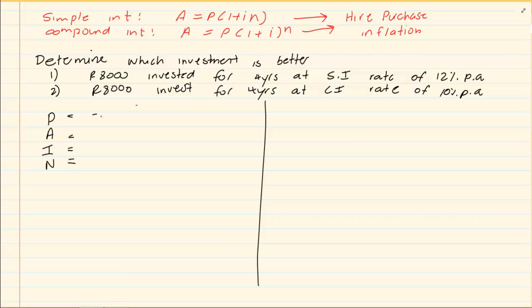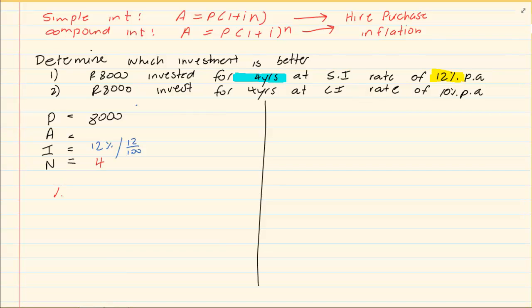Now we know our P is 8,000. We don't know A. If we are doing the first one, then we know that our interest is 12% and our n is 4 years.